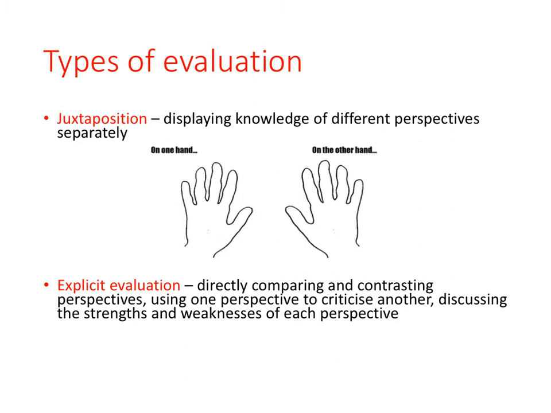So stronger candidates go beyond juxtaposition and they will explicitly evaluate the arguments that they present. So they directly compare and contrast perspectives. They use one theory to directly criticise another, and they explicitly discuss what they consider to be the strengths and the weaknesses of the main arguments that they present.